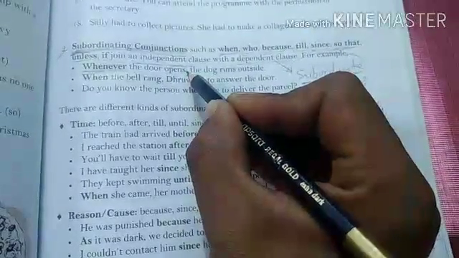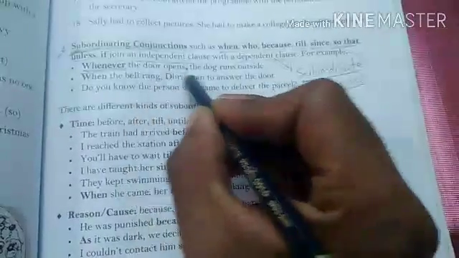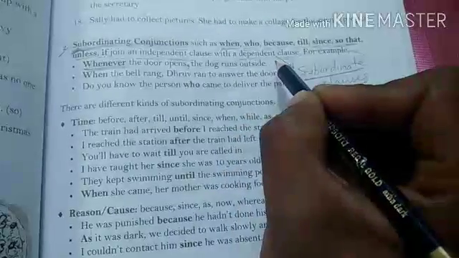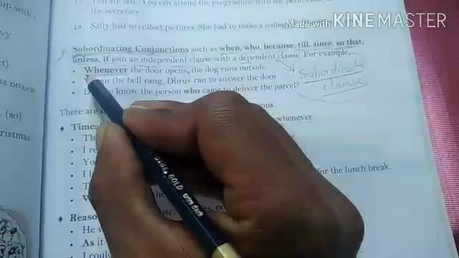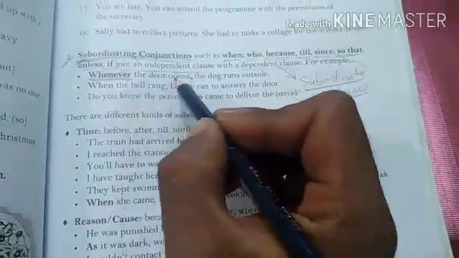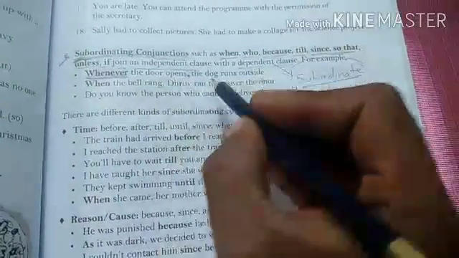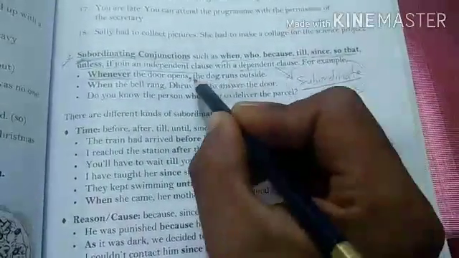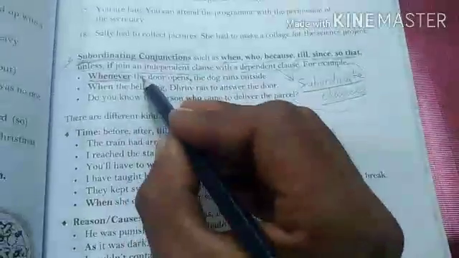Okay, but we can write the same sentence in another way also by keeping this conjunction whenever in the middle of the sentence to join two parts of the sentence. Okay, like the dog runs outside whenever the door opens.